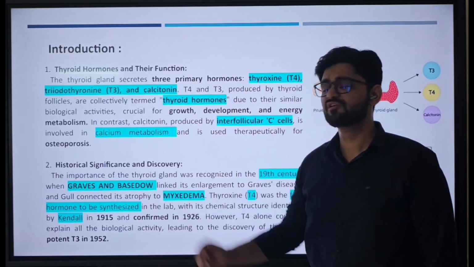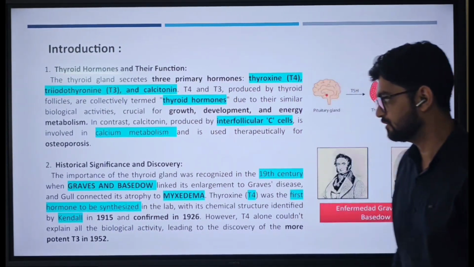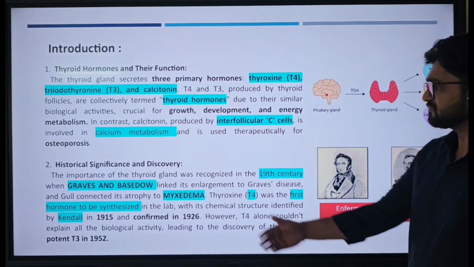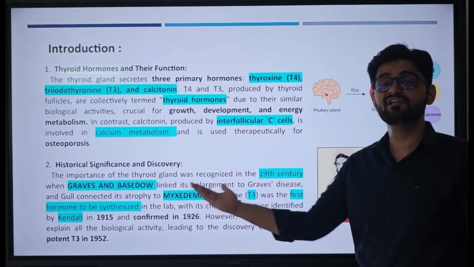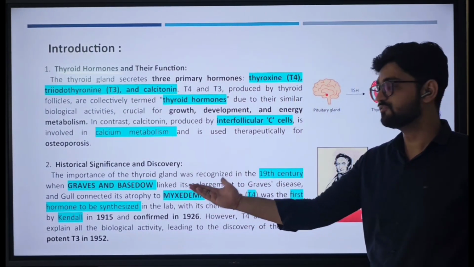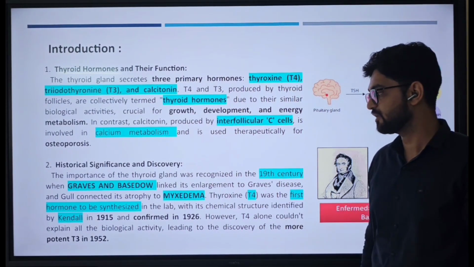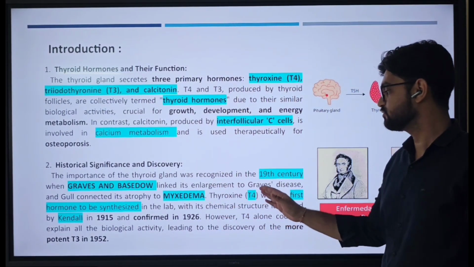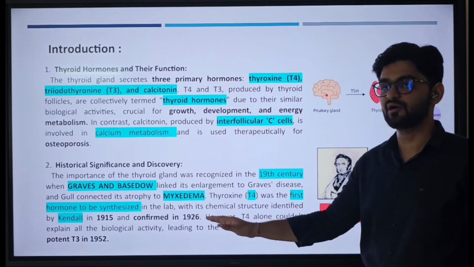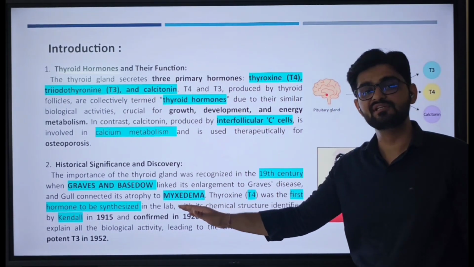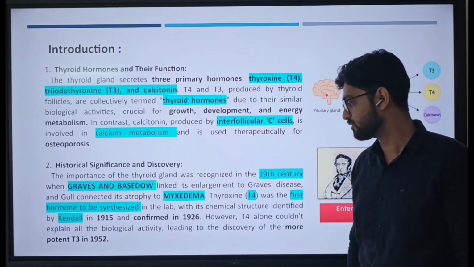Talking about the historical significance of the thyroid gland. So let's discuss it. The thyroid gland was recognized in the 19th century, and a number of scientists were associated with it.